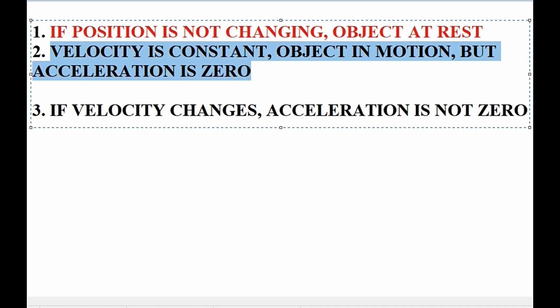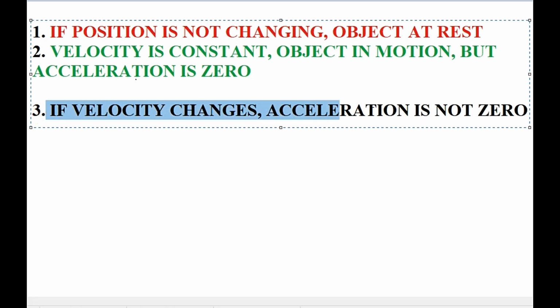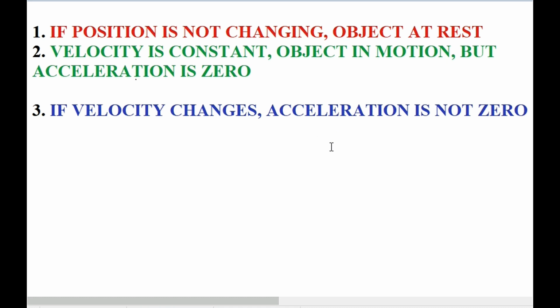If velocity is constant, then acceleration will be 0, but the object will not be at a fixed position. Third, if velocity changes, acceleration is not going to be 0, and hence the object will be in motion. These are the three important points which you have to keep in mind while solving numericals also.